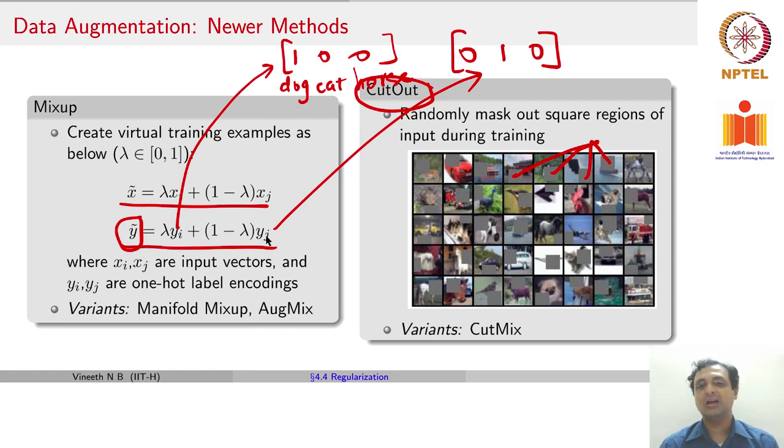You just cut out certain portions and fill in black in that location, give the rest of the image, and let the neural network train on that. Even these kinds of augmentations have shown fairly good generalization performance when you train neural networks. A more recent variant of cutout is also called cut mix, and there are many other follow-up methods, but these are the broad ones which you perhaps should know.